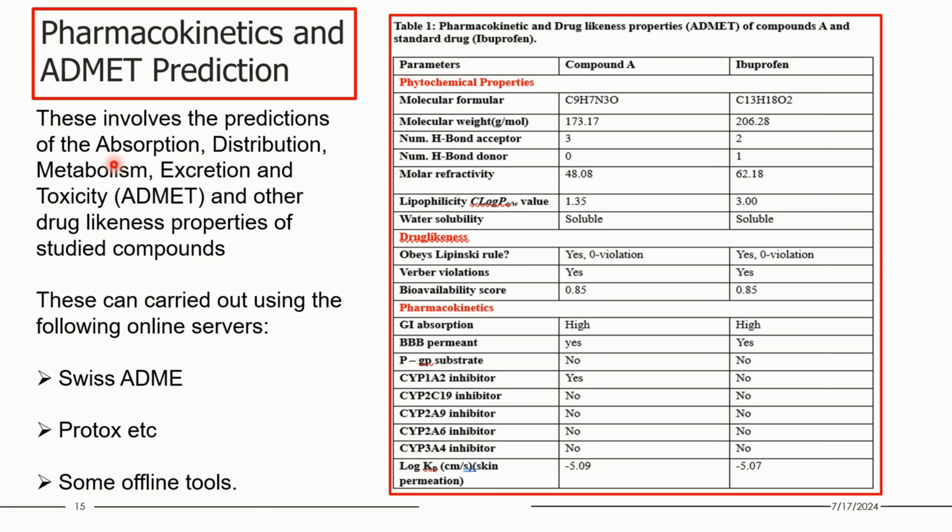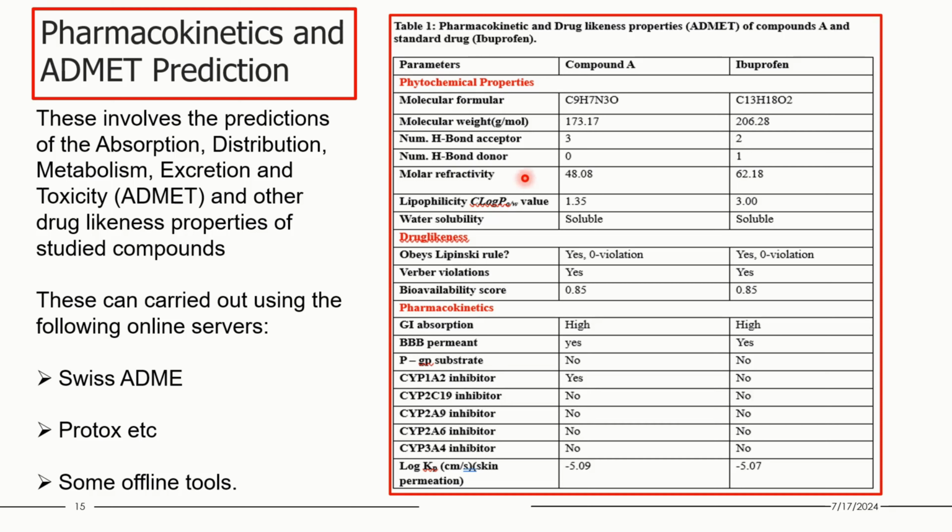Like we have earlier mentioned, ADMET means the absorption, distribution, metabolism, excretion, and toxicity properties of a particular compound. Each drug candidate will always have these properties. So you need to investigate that and be able to say, oh wow, this has good binding affinity, good binding pose, and also good drug likeness properties.